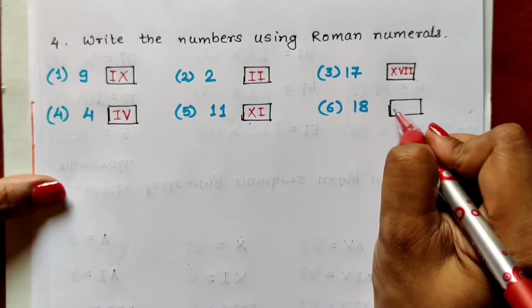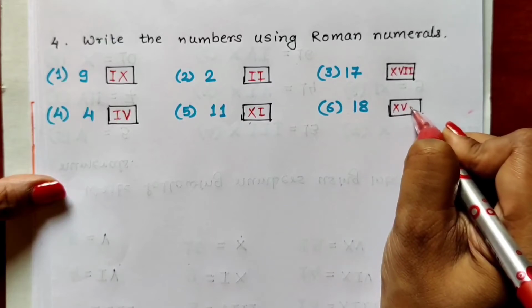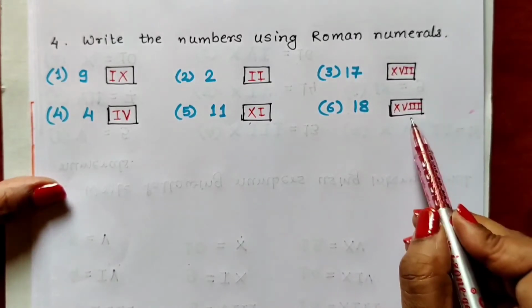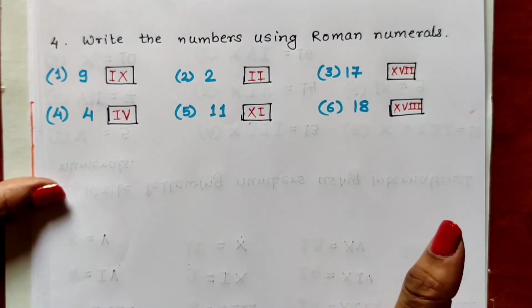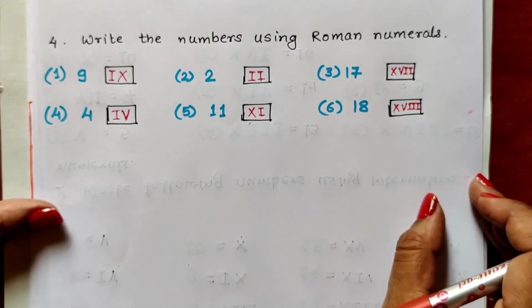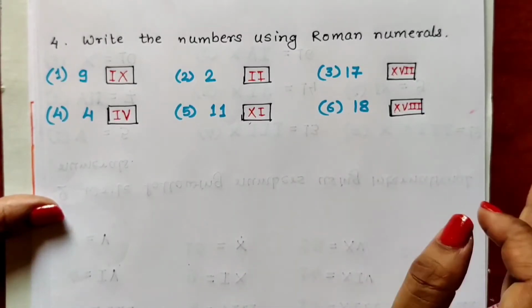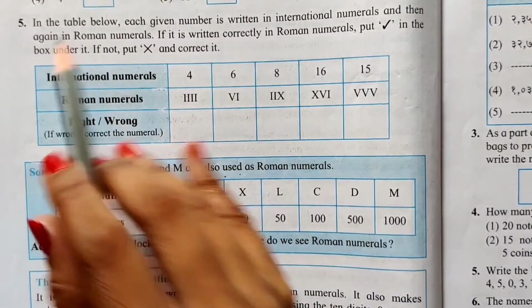How to write 18? 10 plus 8. 10 is X. 8 means VIII, 3 times I. So it is 18. In this way, you have to learn the numbers from 1 to 20 so you can write very easily. Now let us see this last question, question number 5.